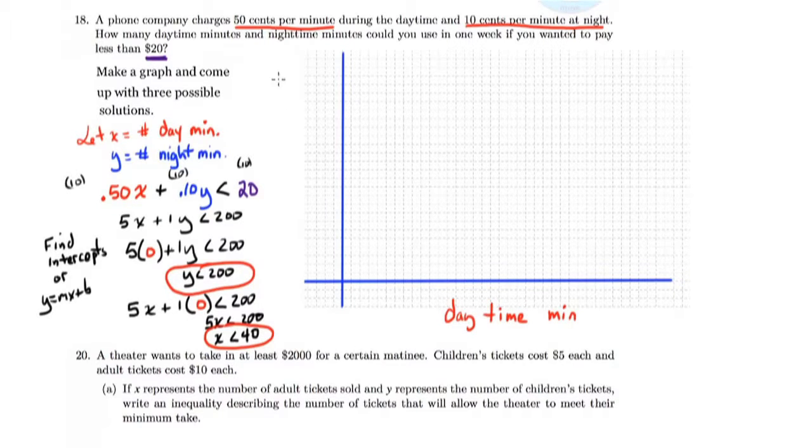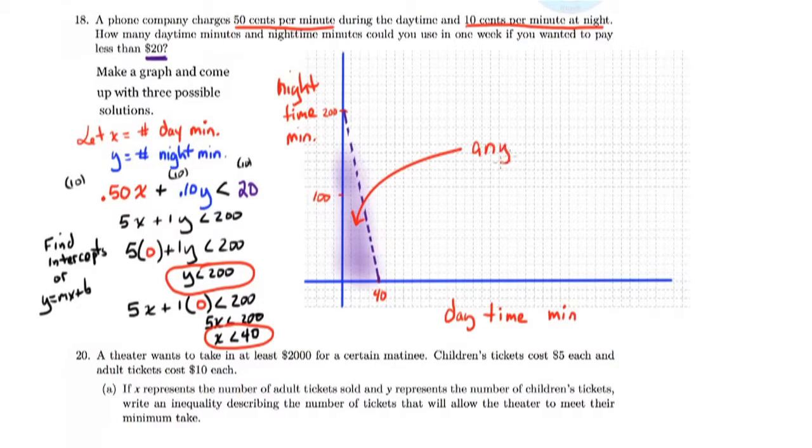So I'm going to label my graph, figure out what my scaling is, plot my line, which should be a dashed line, use a test point, and shade. The idea with these problems is there's more than one possible solution. There's a boundary here that gives me a shaded region, and anywhere in this shaded region would work for any one of the x or y combinations.